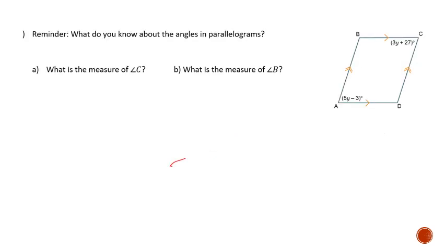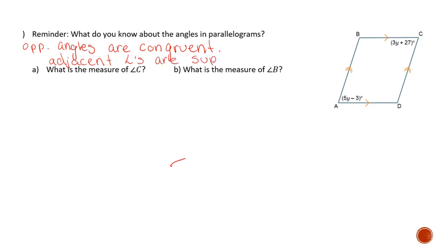So, what do we know about the angles of parallelograms? If you look at those notes that we took, we know that opposite angles are congruent, and adjacent angles are supplementary.